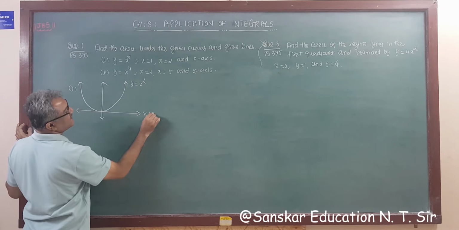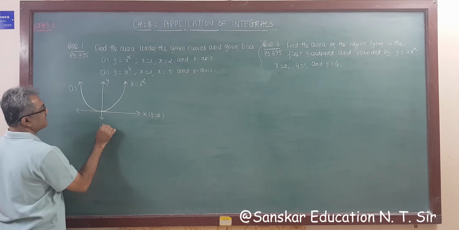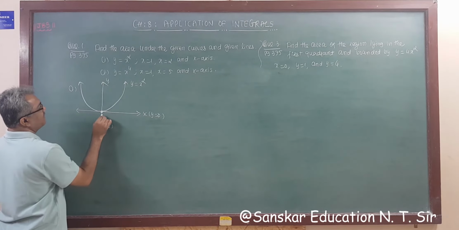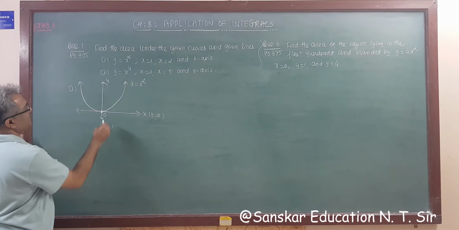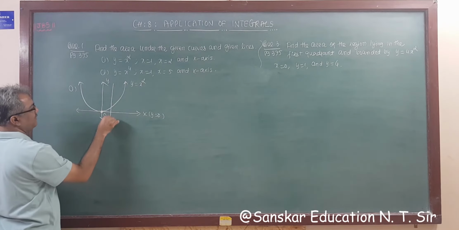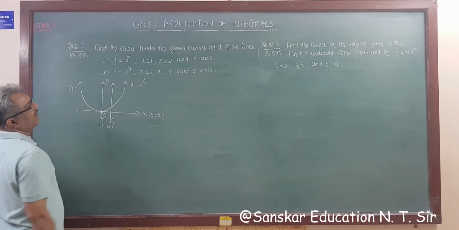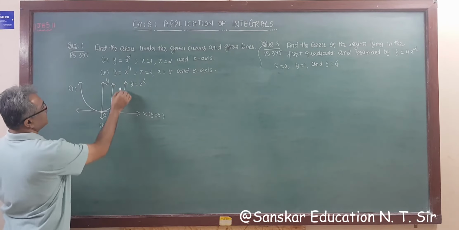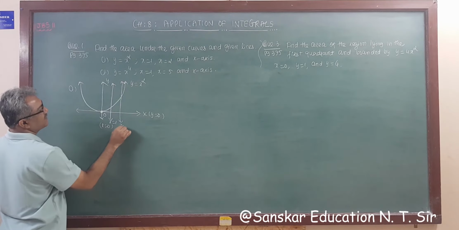This is the x axis, that is y is equal to 0. This is the y axis, that is x is equal to 0, and this is the origin, right? And the line x is equal to 1 is somewhere here. This is the line x is equal to 1, and another line x is equal to 2. Suppose this is the line x is equal to 2, right?